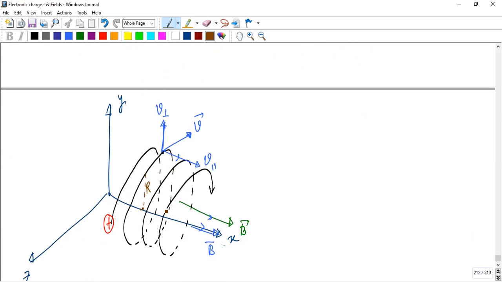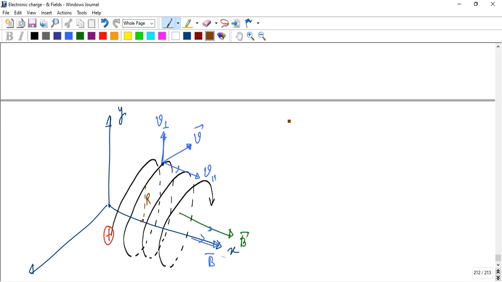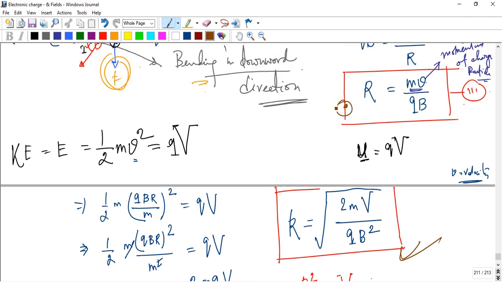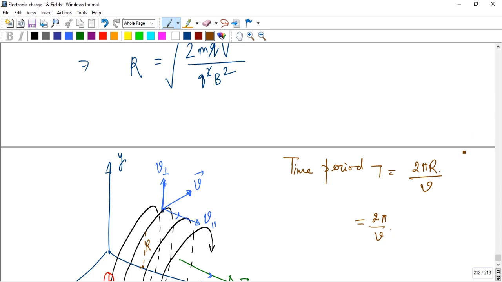Now, when they rotate here, there is a time period T, that is equal to 2 pi R by V, the velocity. Now R is replaced from equation 3, we get mv by qB, and these cancel.